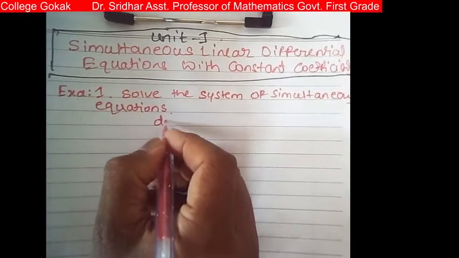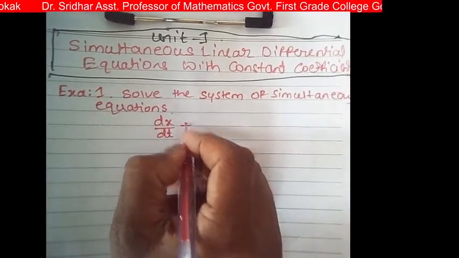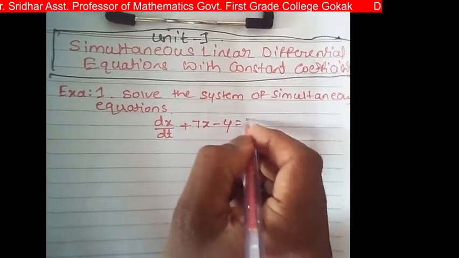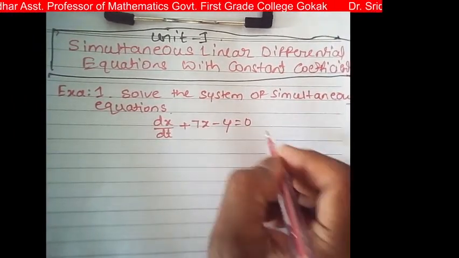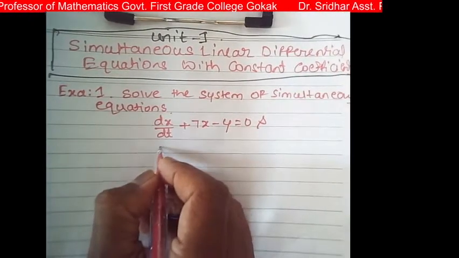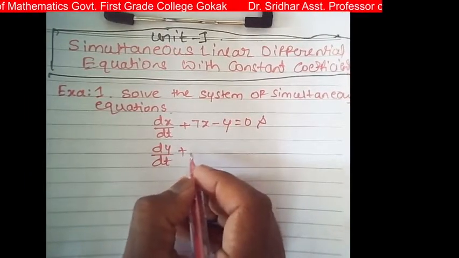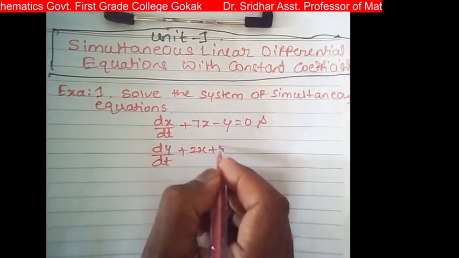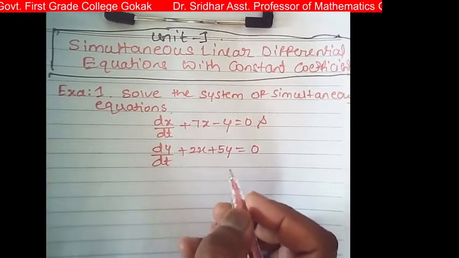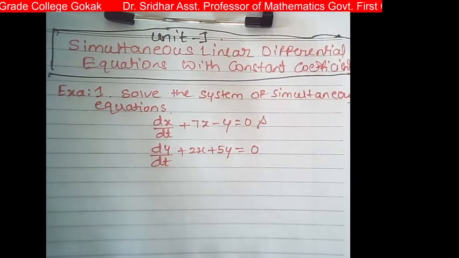Those are given as dx by dt plus 7x minus y equal to 0, and dy by dt plus 2x plus 5y equal to 0. Okay, so this is a given problem.